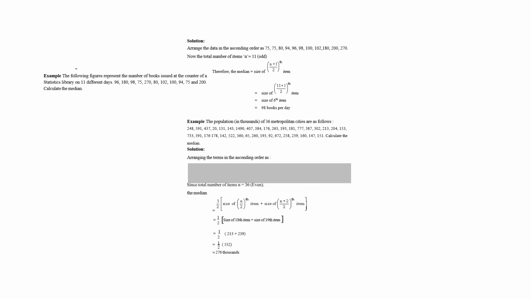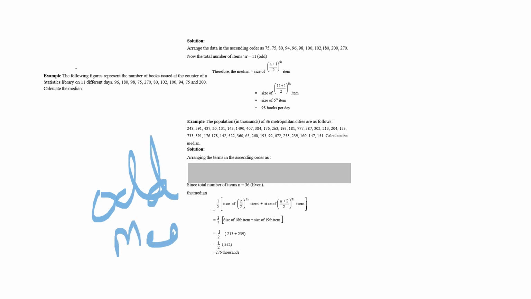Here n is 36, so 18th item plus 19th item, we get 1 by 2 of 213 plus 239, that is 1 by 2 of 552, which is equal to 276,000. So this is how we calculate the median for odd and even numbers: size of the n by 2th item plus size of the n plus 2 by 2th item.